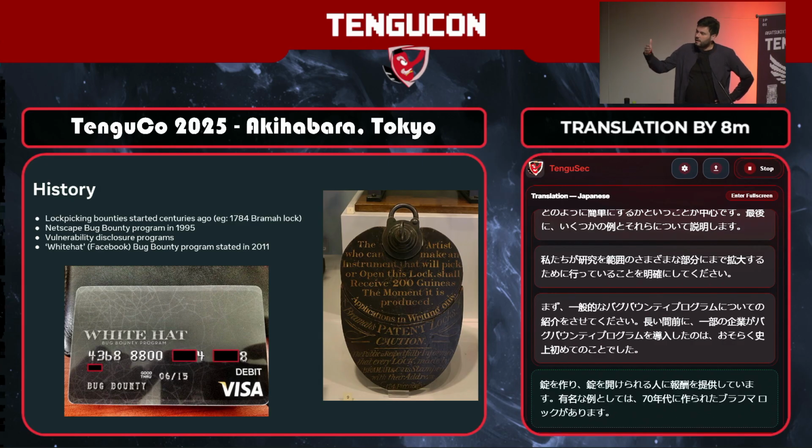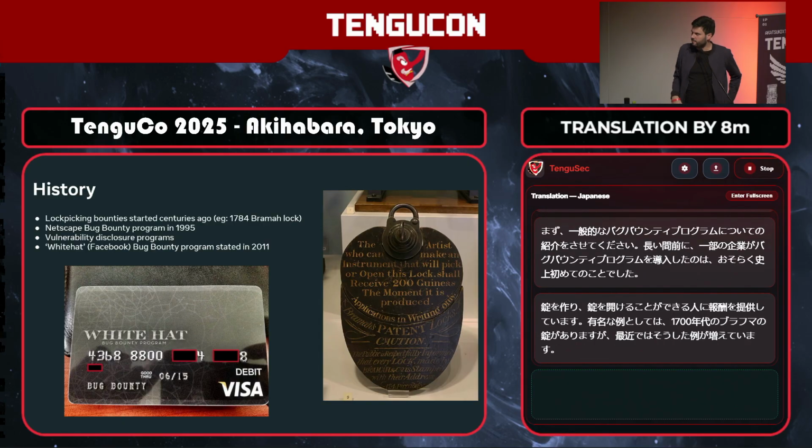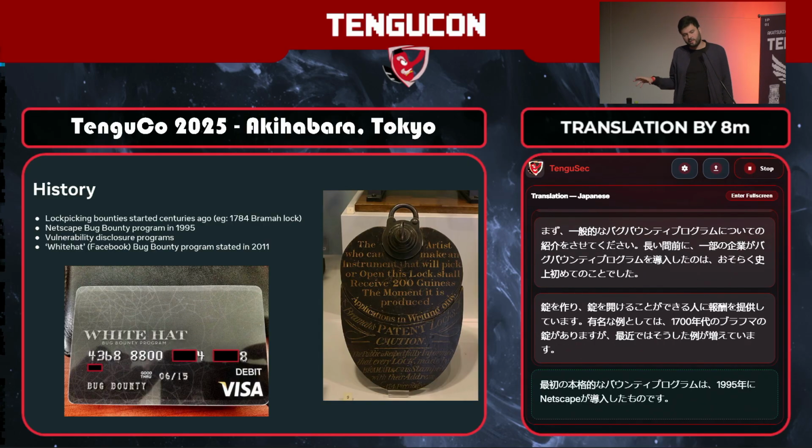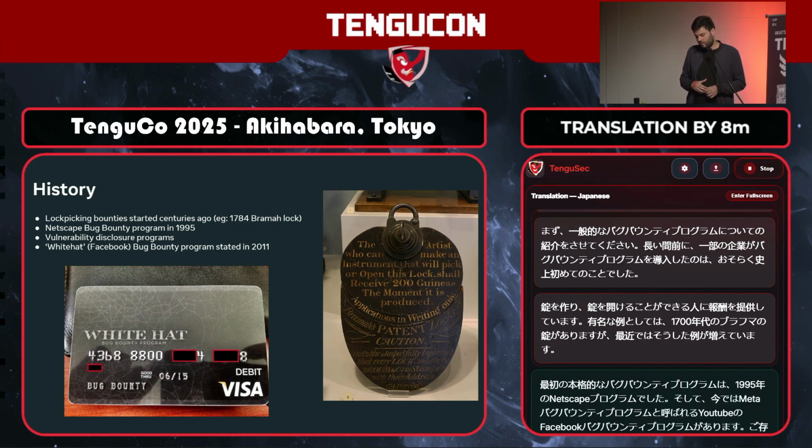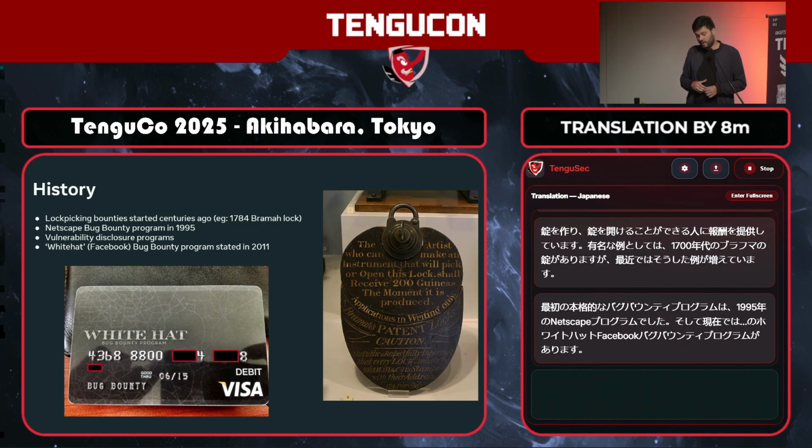More recently, the first real bug bounty program was the Netscape program in 1995, and then the White Hat Facebook Bug Bounty Program, which is now called the Meta Bug Bounty Program. As you know, Facebook, the company, got renamed Meta, but the White Hat Bug Bounty Program was created in 2011.